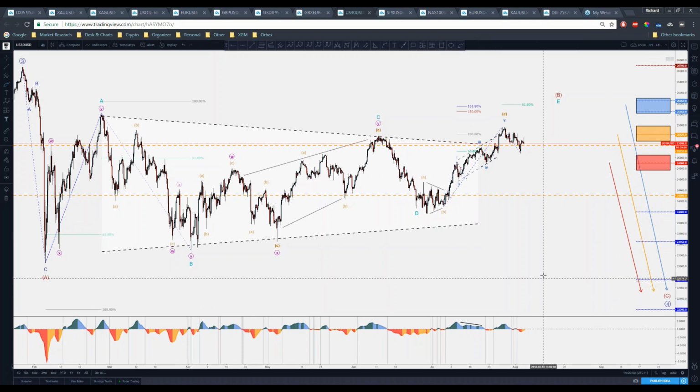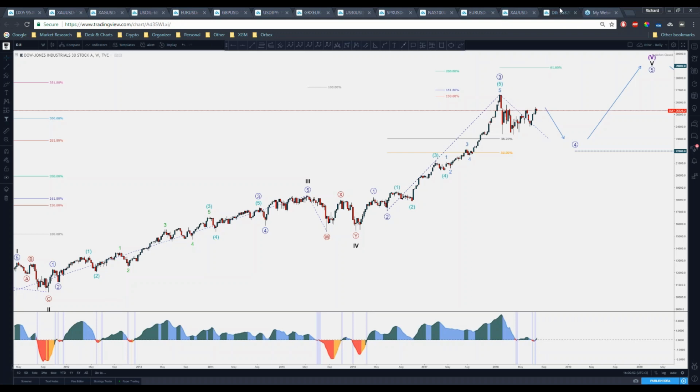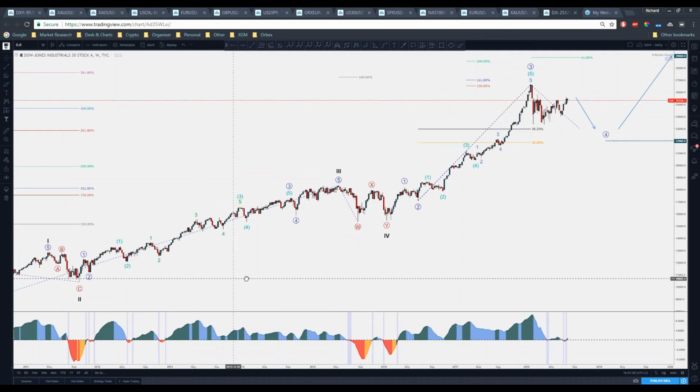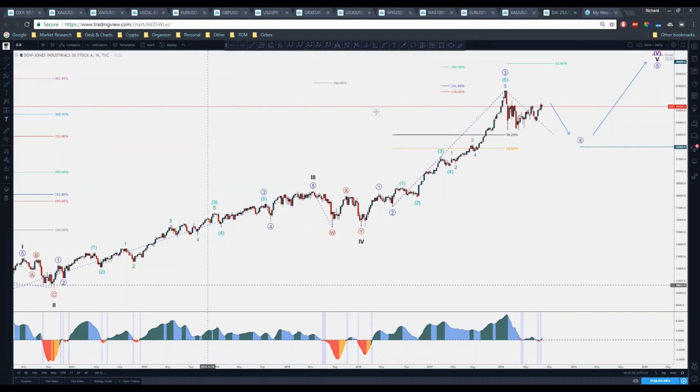The reason behind that is because if I go on the weekly time frame, there's something interesting happening right here, and this is pretty important.